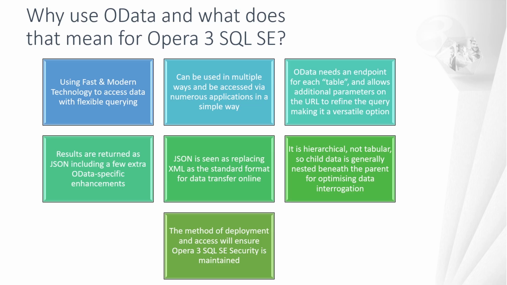Results are returned as JSON, including a few extra OData-specific enhancements. Remember, JSON is really seen as replacing XML as the standard format for data transfer online. It's hierarchical, not tabular, so child data is generally nested beneath the parent for optimizing data interrogation. And the method of deployment and access will ensure the Opera 3 SQL SE security is completely maintained.